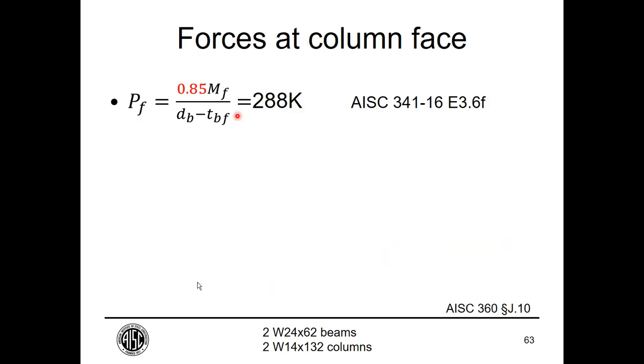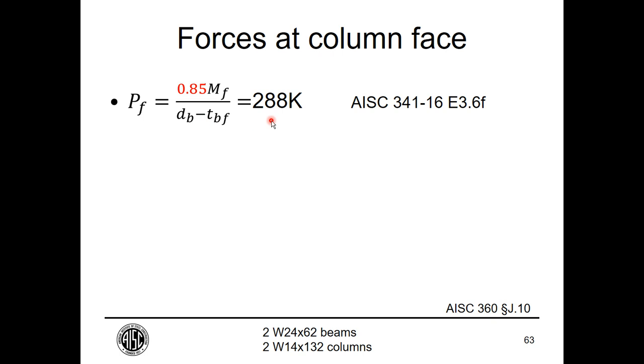Okay, the force at the column face. This is from AISC 341-2016. Because of the participation of the web, if we have a welded web, we take 85% of the moment at the column face as being represented by those flange forces and multiply by the distance between flange centroids.